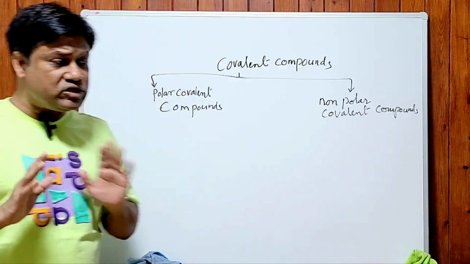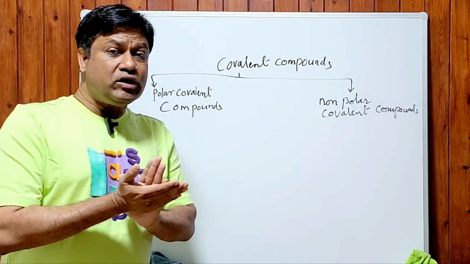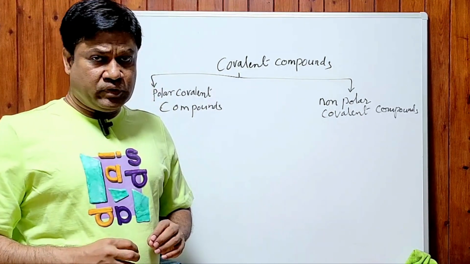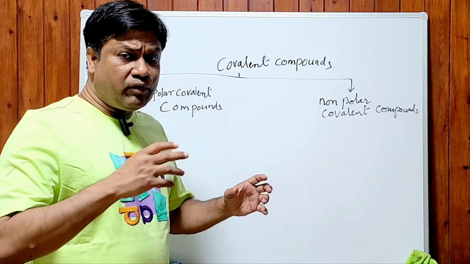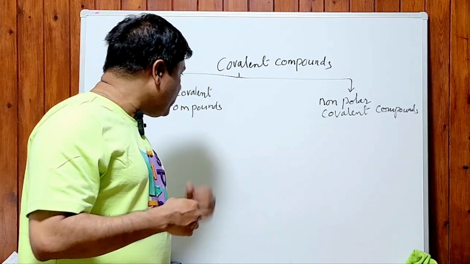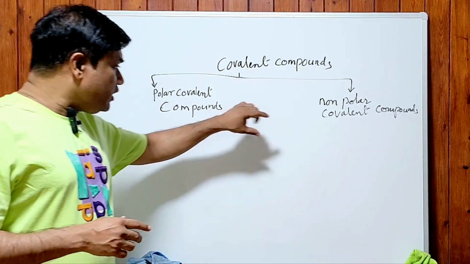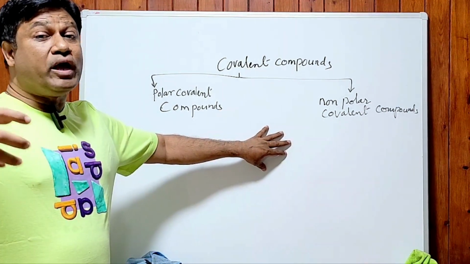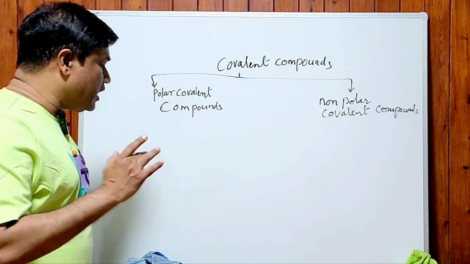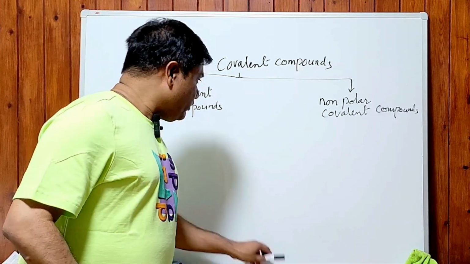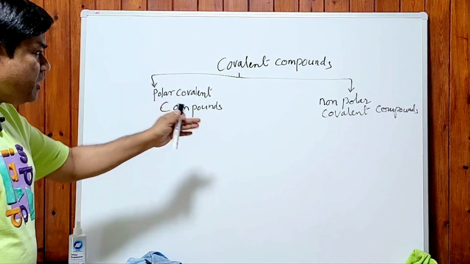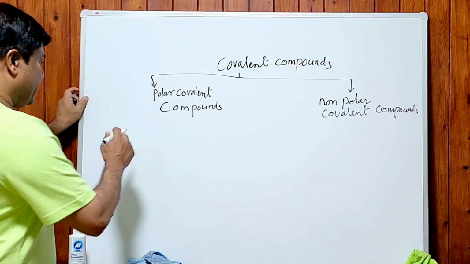Electronegativity is not an energy value, it's the ability of a non-metal in the periodic table. When two non-metals join to form a covalent bond, one of the non-metals has more ability to attract the shared pair of electrons. That's called electronegativity. Now, first, let's see what is meant by the term electronegativity.